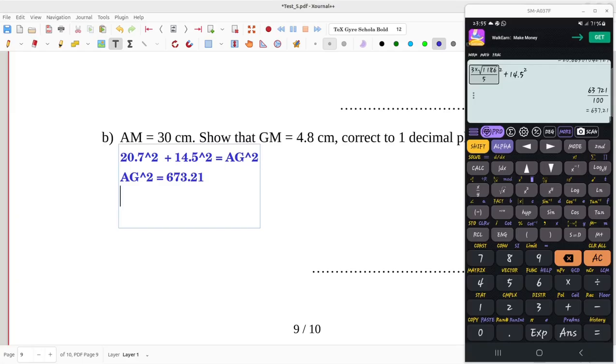Then taking the square root on both sides, you are going to get that AG is the square root of 637.21.